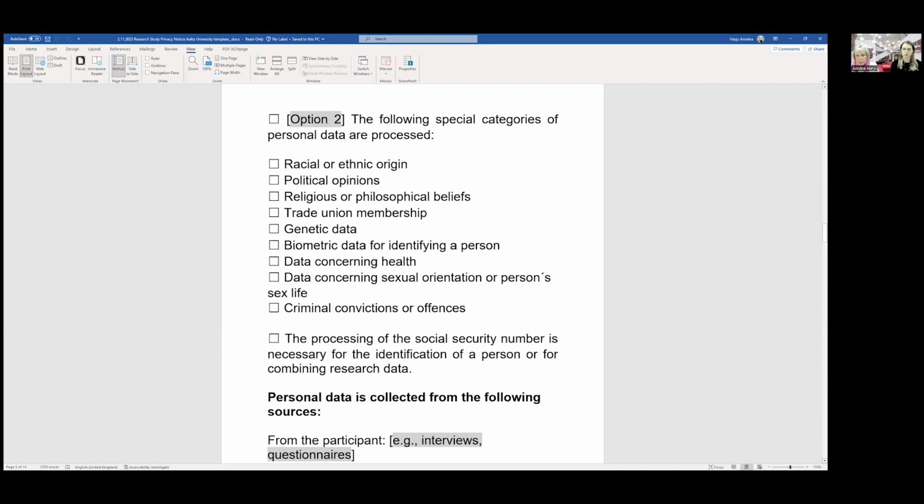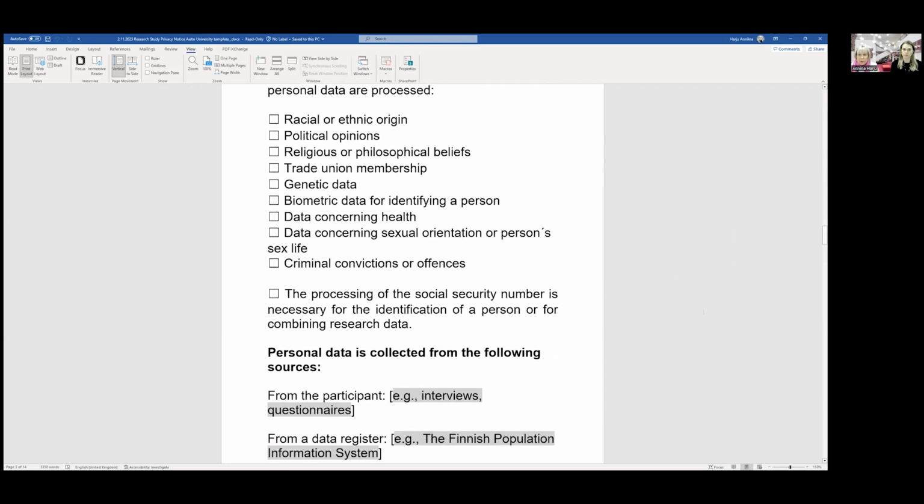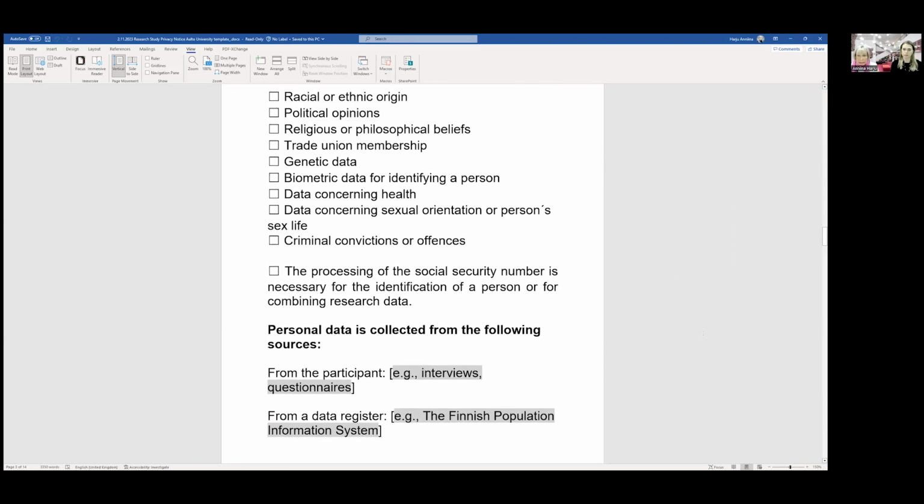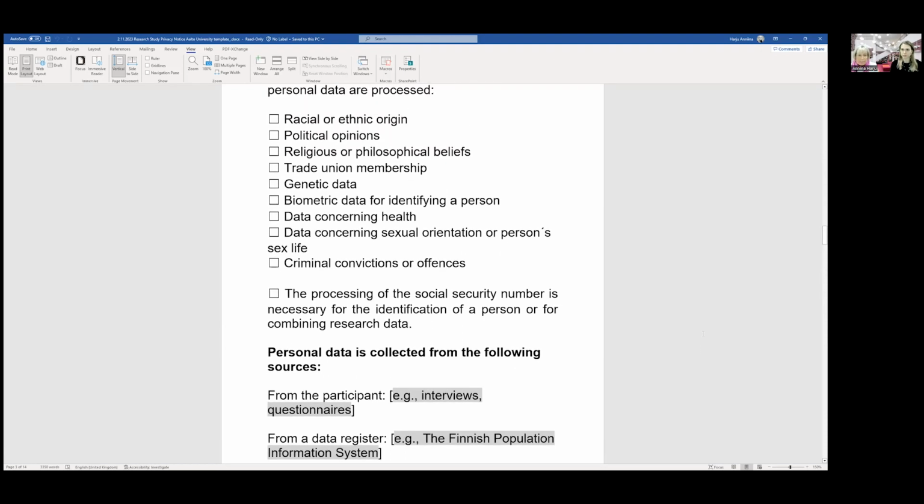And then data concerning health. We are not now talking about clinical studies, but if there is data concerning health collected in other than medical studies, then that's also special category data. And so these have to be listed, and they also affect the legal basis, which we will discuss later.